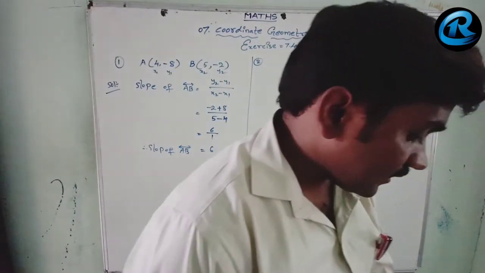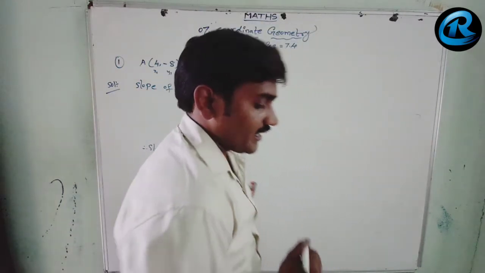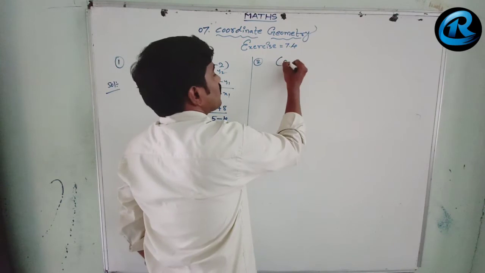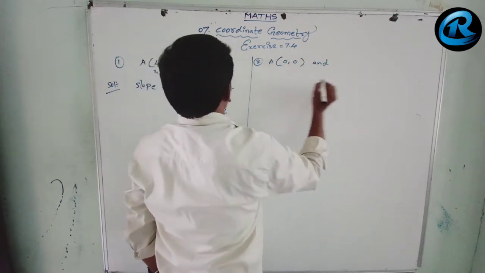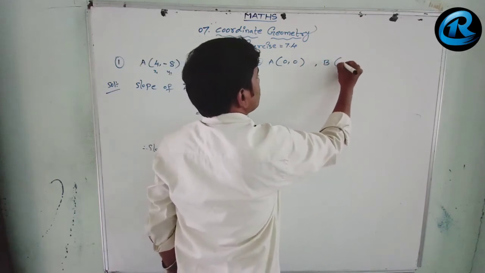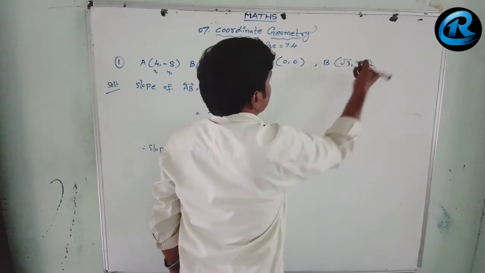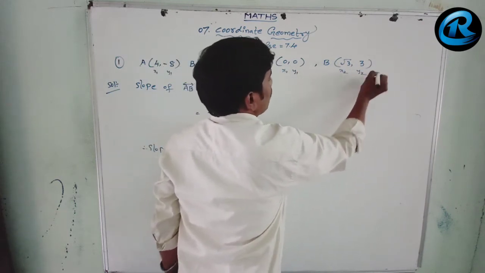Now we go for the second one. Here the points are 0 comma 0 and root 3 comma 3. A is point 0 comma 0 and B is root 3 comma 3. As we know, this is x1 y1 x2 y2.